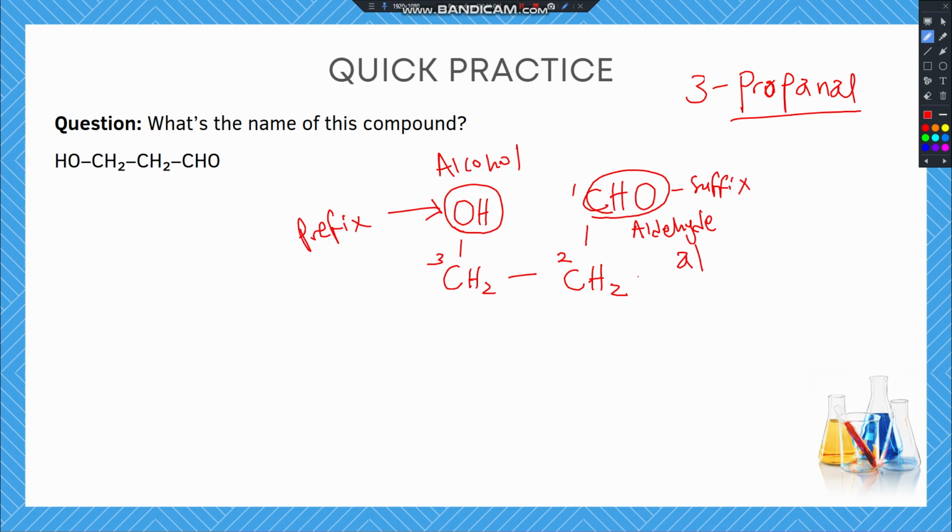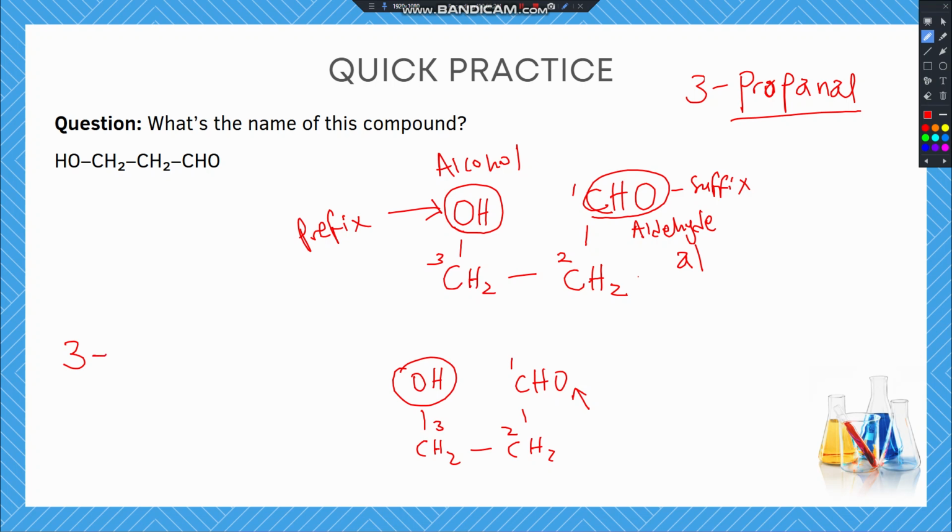Let's keep it aside. So now let's deal with the prefix. So we have OH bonded to CH2, bonded to CH2, which is bonded to CHO. Where are we going to start our counting from? Of course, at this point where we have our priority functional group. So we have 1, 2, 3. So this OH functional group is on carbon number 3.